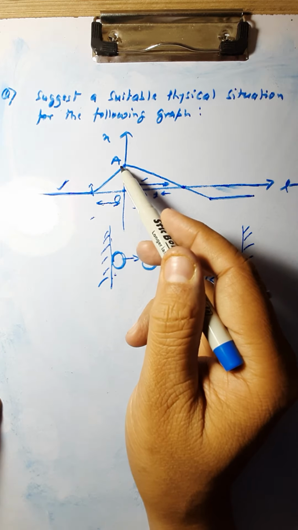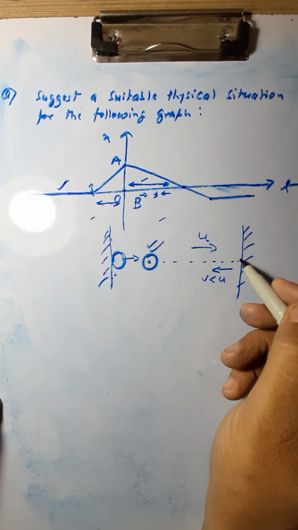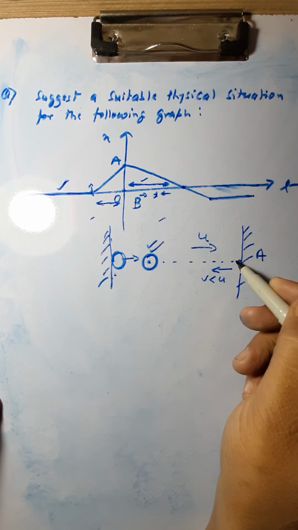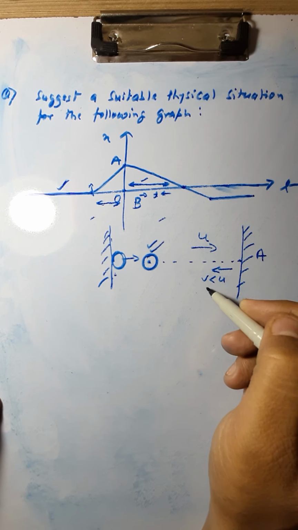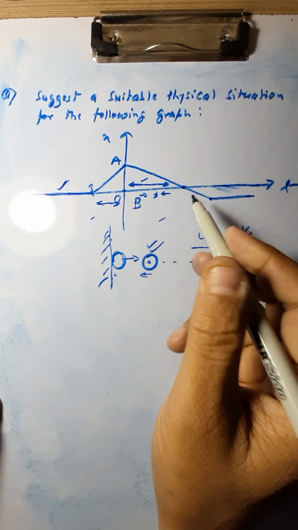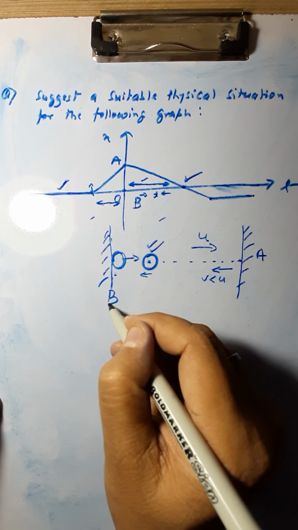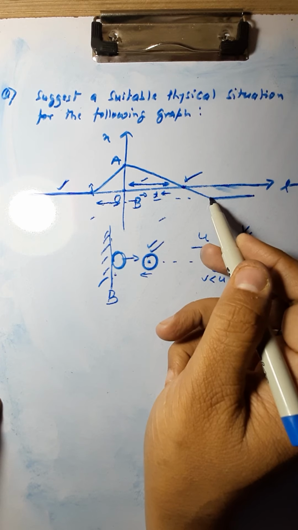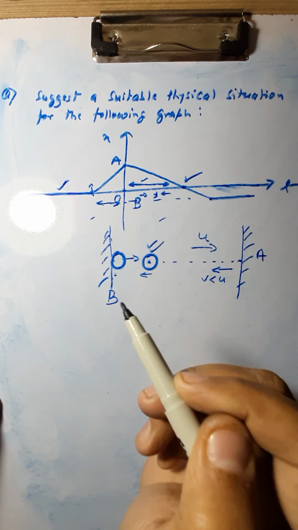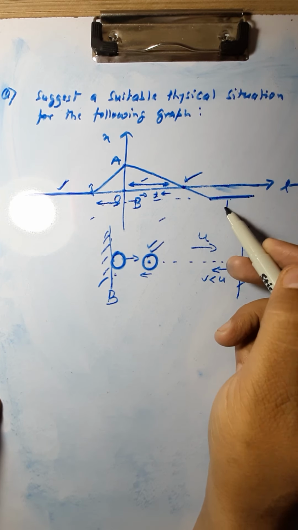It started moving to the point A. The ball, when kicked, started moving with a velocity u to the wall A. It rebounds back from this wall with somewhat lesser velocity v less than u, and moves past its original point here and moves to the wall B. Suppose B is the point at this, and rest after that. This is the position.